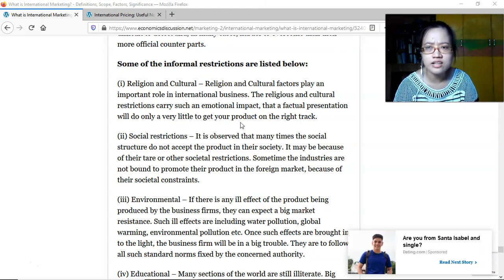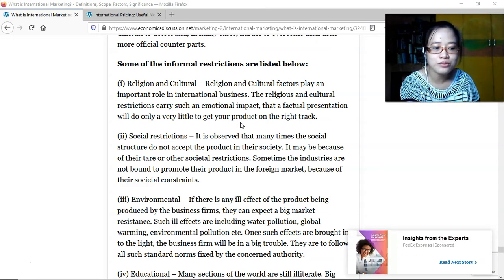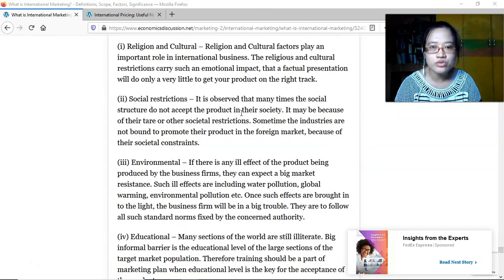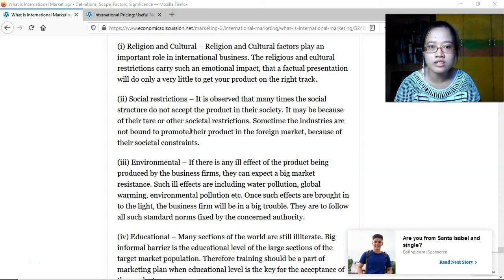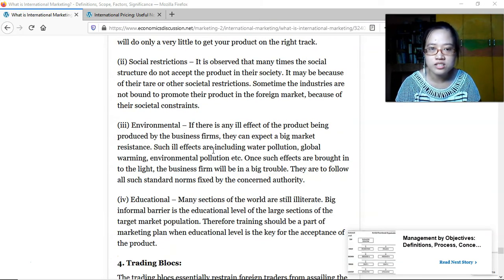For example, in countries where religion prohibits the consumption of certain products like pork, a product that contains pork would not do well. Social restrictions: some societies do not accept certain products. It may be because of their beliefs or other societal restrictions. Sometimes industries are not able to promote their product in the foreign market because of societal constraints.